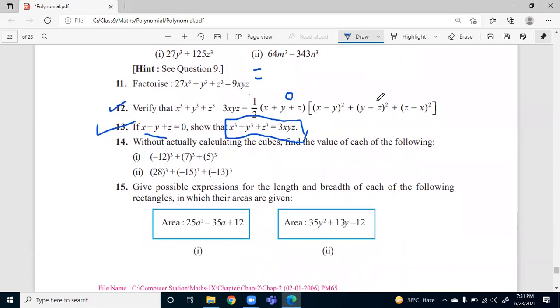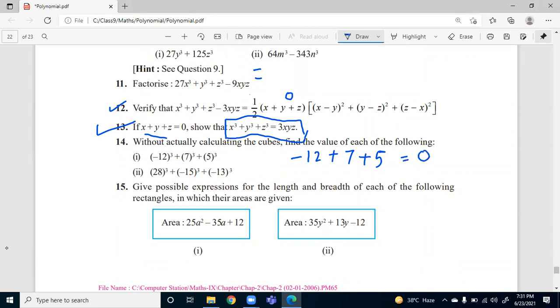If you look at question number 14, there are three numbers: minus 12, 7 and 5. If you add them, I am finding the sum of these individual numbers, so this comes out to be 0.